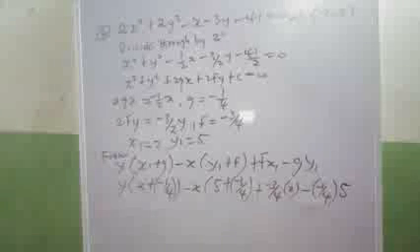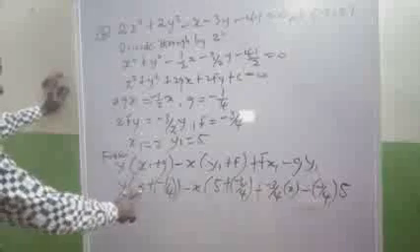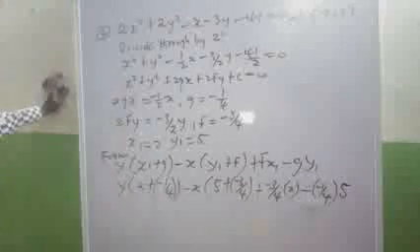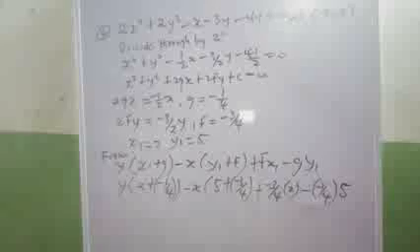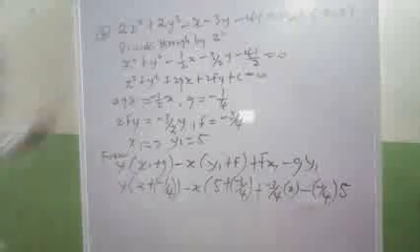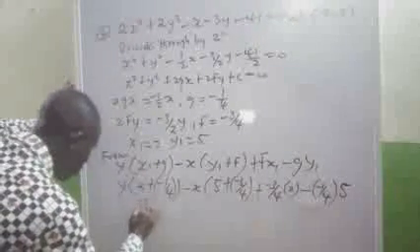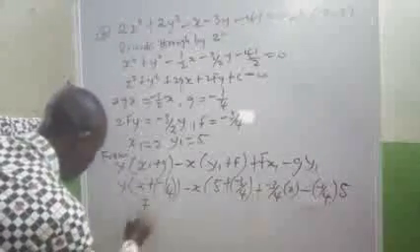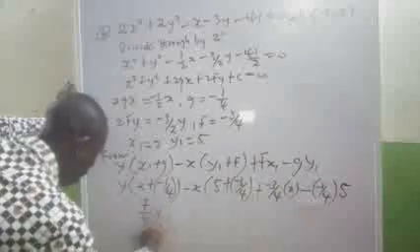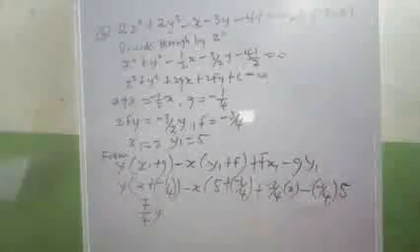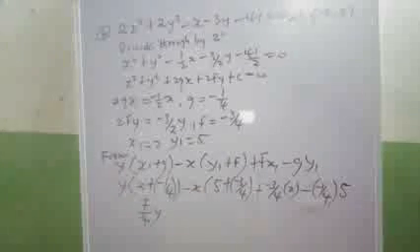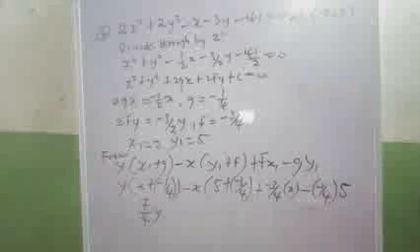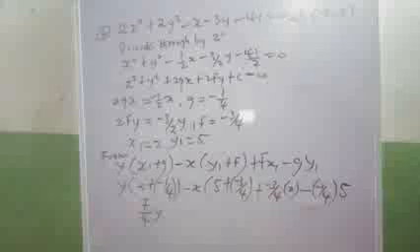So if we solve this, 4 times 2 is 8, minus 1 is 7. So we have 7 over 4 y. Then here you have 4 times 5 is 20 minus 3. 20 minus 3 is 17.